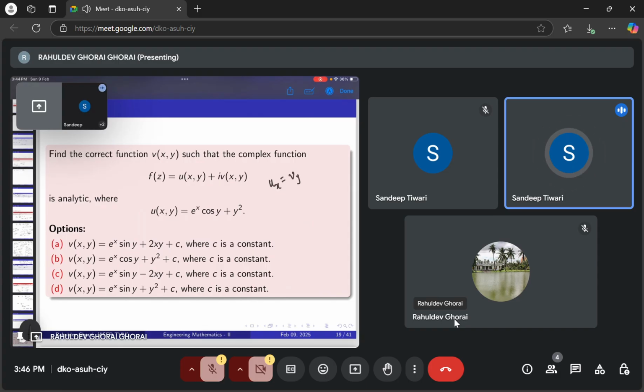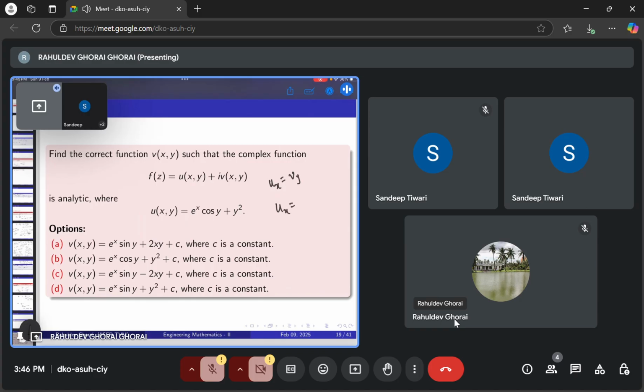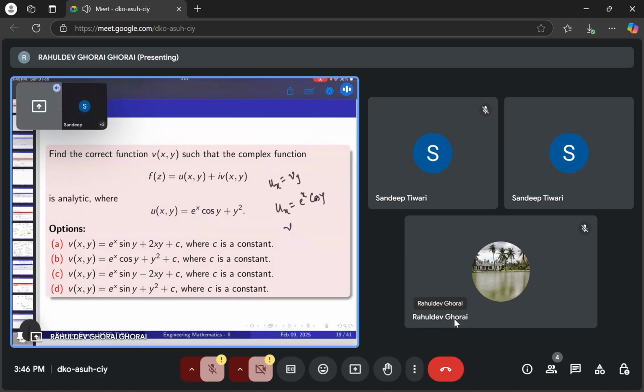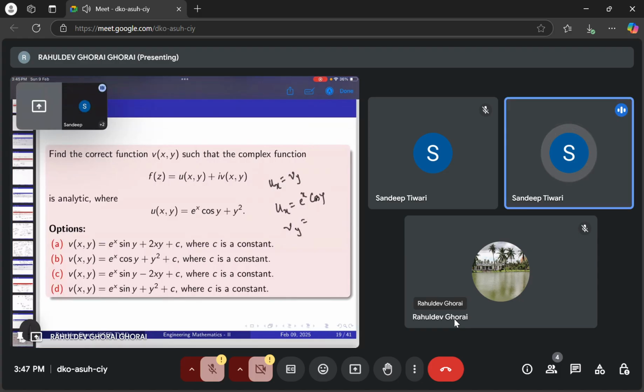Yes, sir. And Uy is equal to minus Vx. So Vy should be e to the power x cos y. But all options are not satisfying.